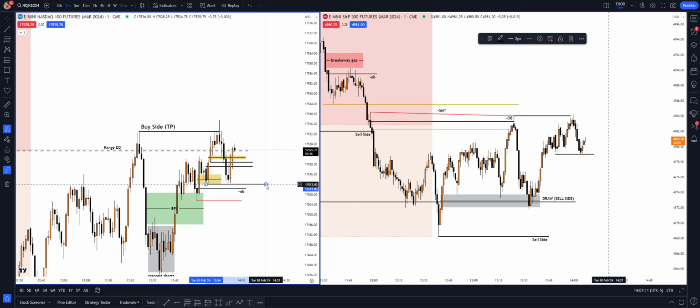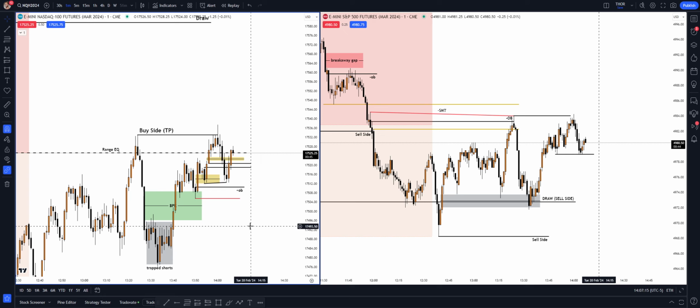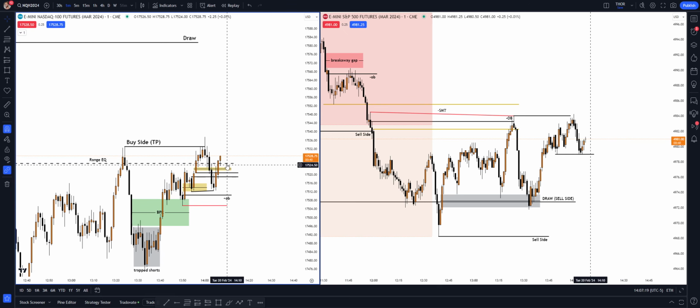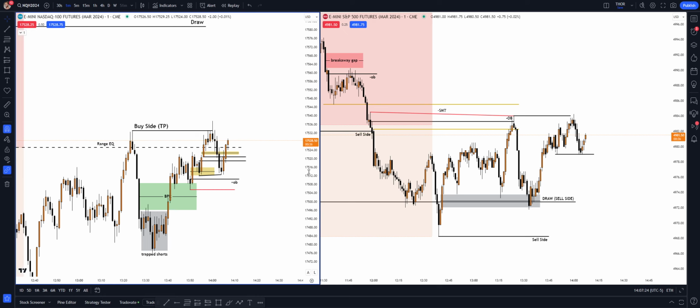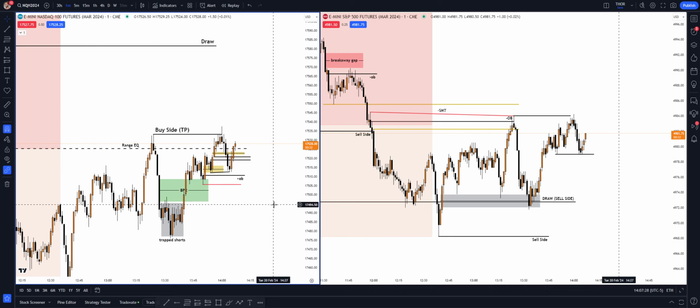No, it's not. It's a little bit of SMT divergence there. So that retest below the range EQ is a long for me. I mean, I'm not executing it, but that's a long idea for me, a long trigger.